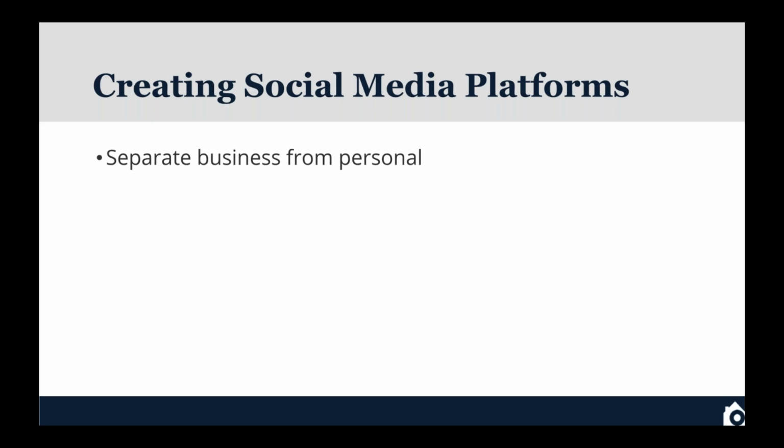With Twitter, once you create a Twitter account with just an email address and a password, you can use it for business or for personal. There's really no distinguishing, other than if you create a whole separate Twitter account strictly for your loans and a whole separate one for your personal, if that makes sense.